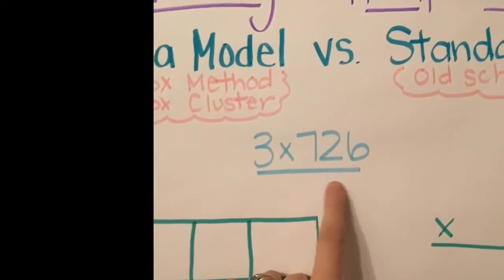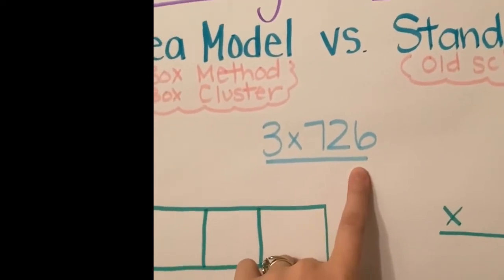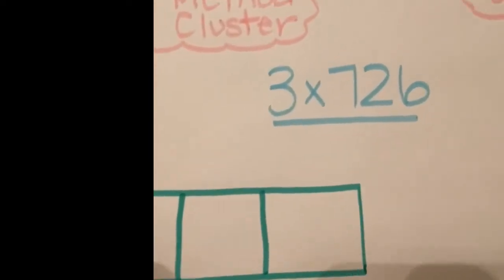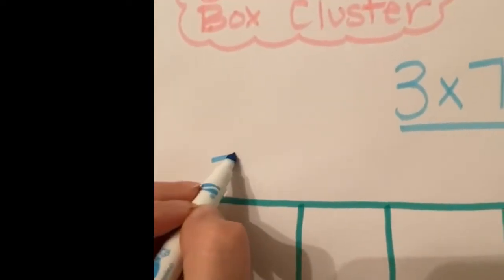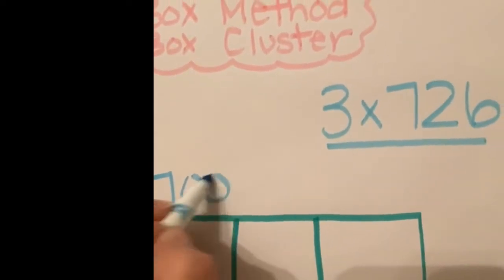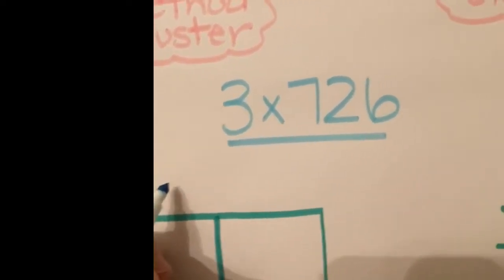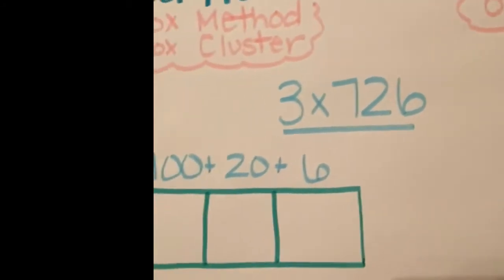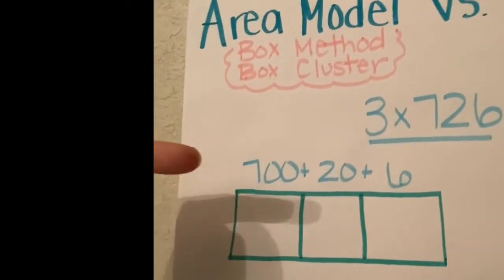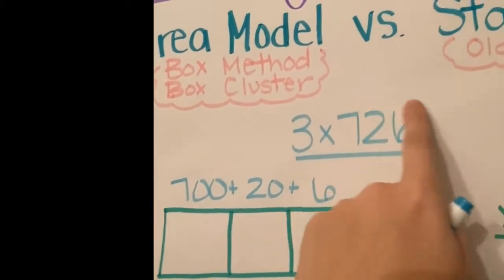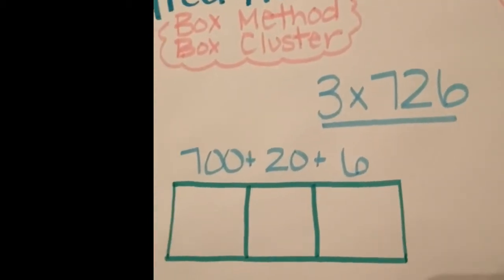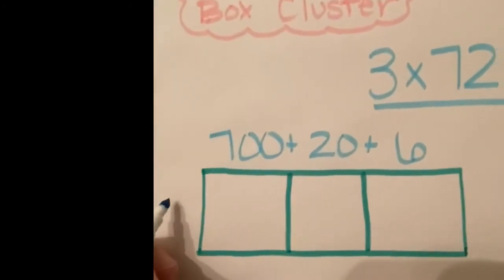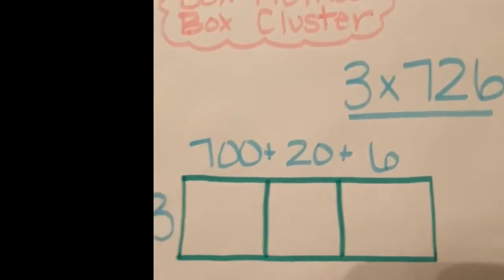When I write this in expanded form or expanded notation, it looks like this: 700 plus 20 plus 6. And if I push that back together into standard form, it will look just like this here. So I'm also multiplying by 3. So I'll put that digit on the side.